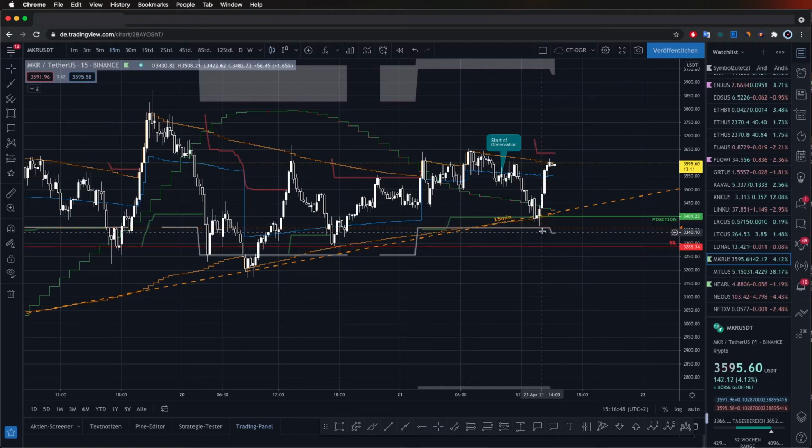You see, okay, here you could really go down here, it would have been enough. But I think in most cases it's better to risk a little bit more in the initial moment of opening, because then you have these wicks, you know, which normally will stop you out, and you have to be prepared to give them some room.